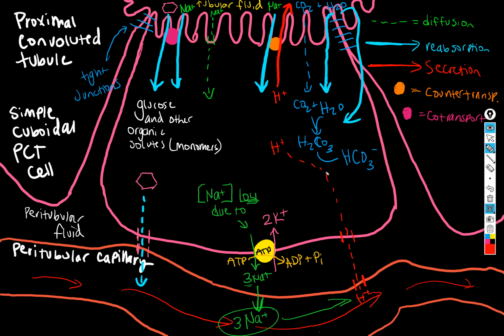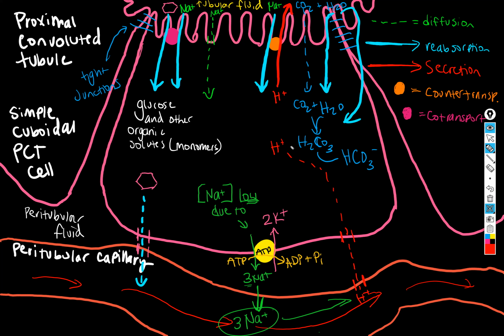So in some cases, the proton can come in from the blood and combine with any ambient bicarbonate that's forming. In other cases, the proton can arise from the incoming CO2 and water combining to form carbonic acid and then dissociating. So there's two possible options for where this proton comes from.